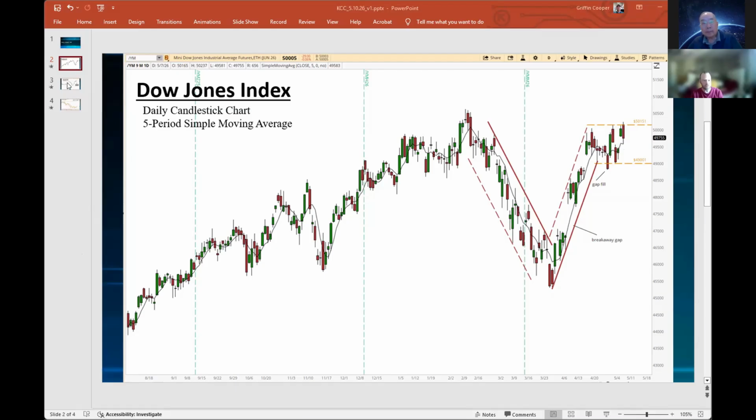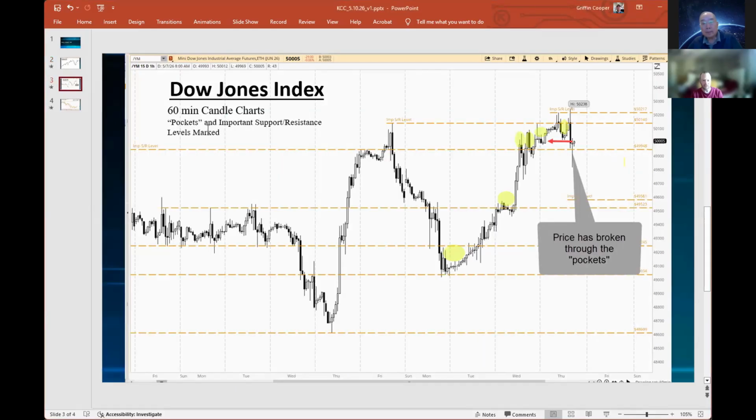If we drill down to a 60-minute candle chart, this is the same market on a 60-minute, just candlesticks, and that's it. Then what I did is mark off either important support and resistance levels or these pocket areas where the price makes a pullback and then keeps going.